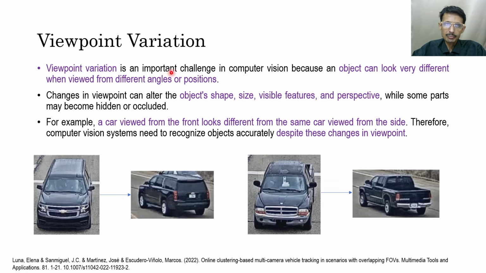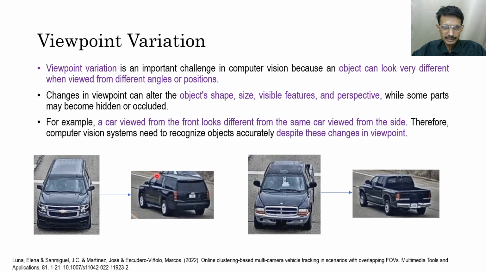Viewpoint variation is an important challenge in computer vision because an object can look very different when viewed from different angles or positions. For example, you see this car image. When taking the image from the front side, it looks like this.